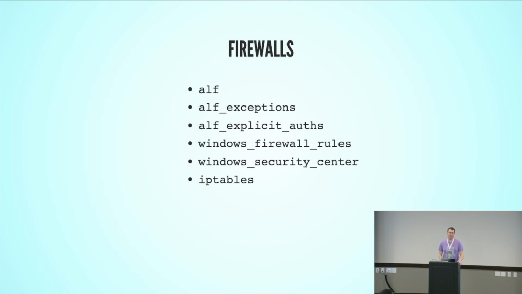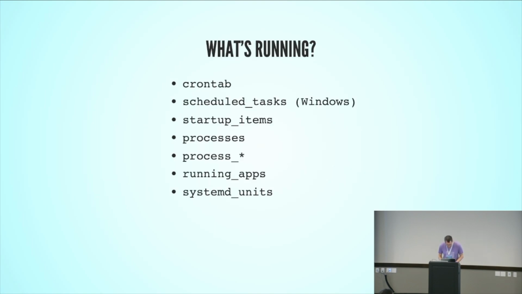On firewalls, whether you are using Mac, Windows, or Linux, you have separate tables for those. For processes running, including things like what sockets are open, what files are open, as well as scheduled tasks, whether that's crontab, Windows scheduled tasks, or even things like what starts on startup.